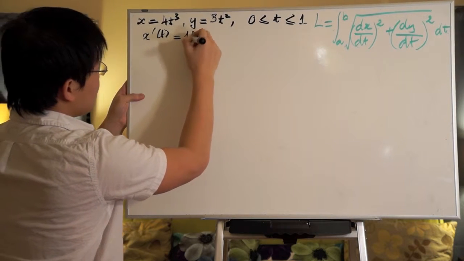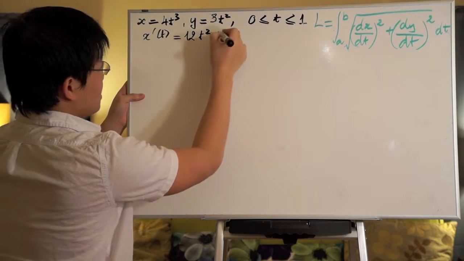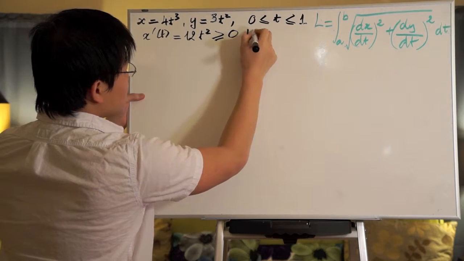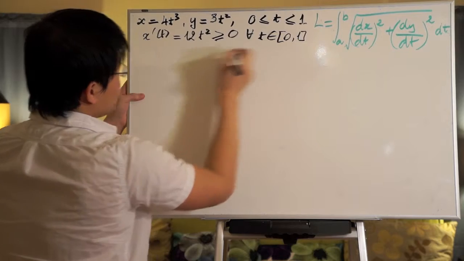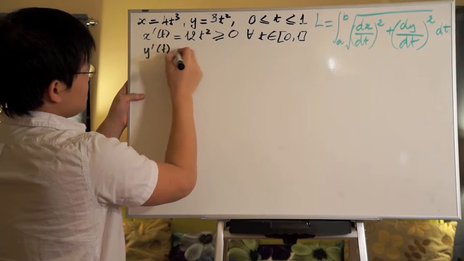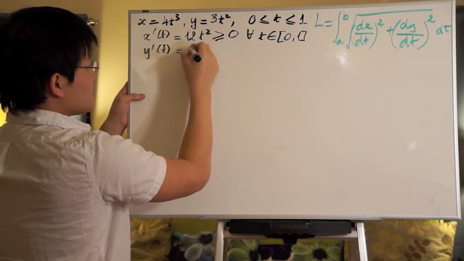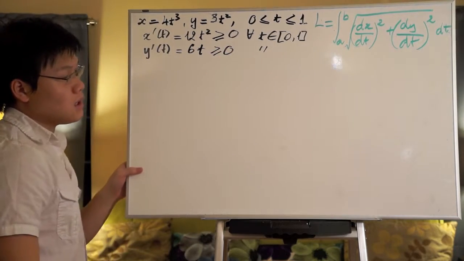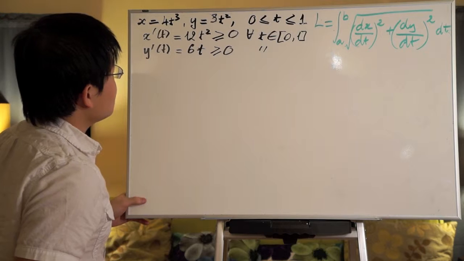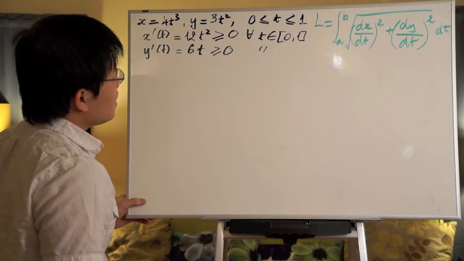So here x prime of t is 12t squared, and is greater than or equal to 0 for every t in the interval 0 to 1, and y prime of t is 6t, greater than or equal to 0 for every t from 0 to 1.